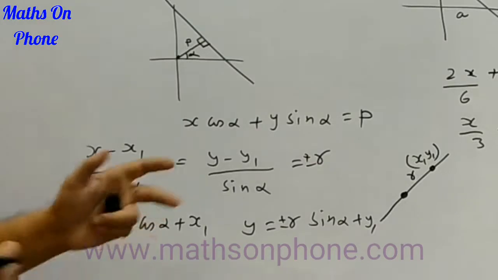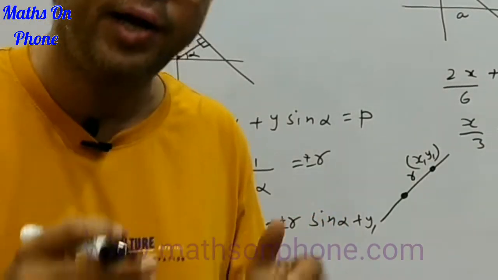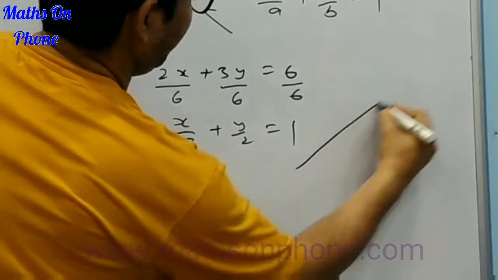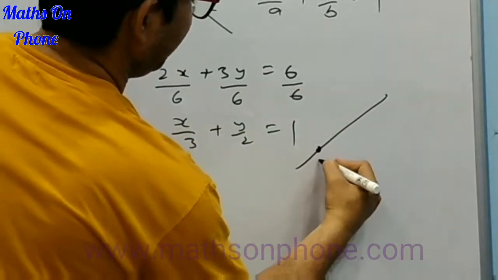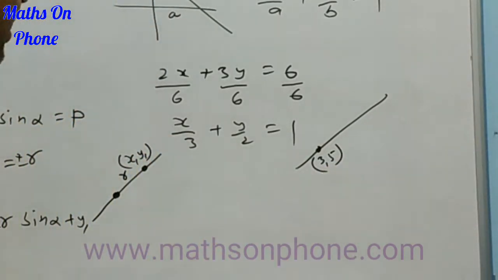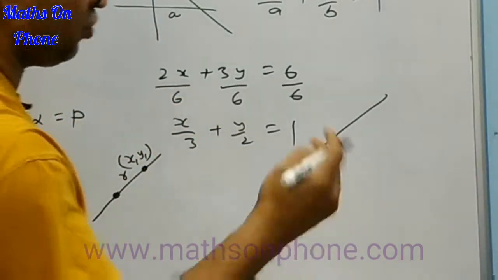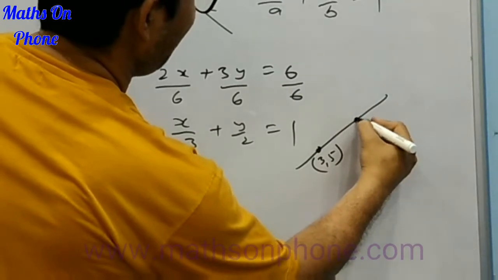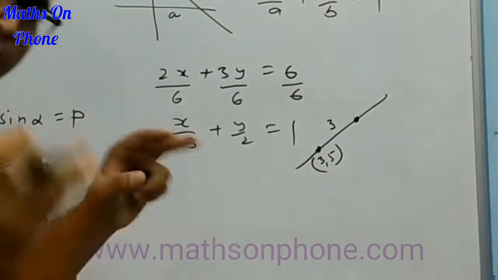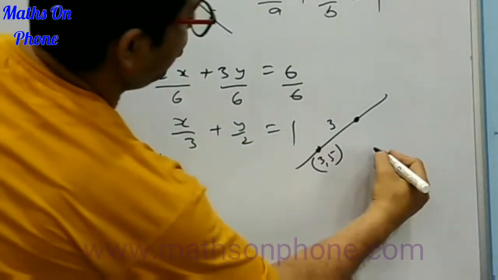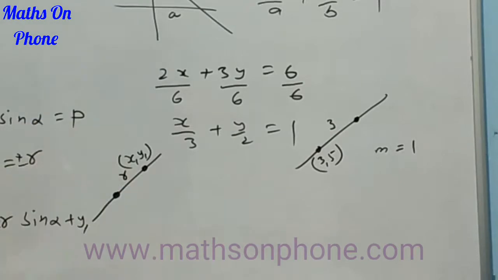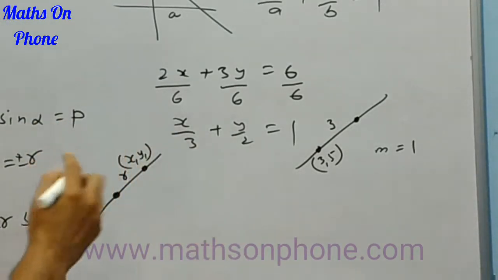Okay, so suppose we have to find a point on the line, a point is given 3, 5 and the slope of the line is tan theta is equal to 1 and we have to find a point at a distance of 3 from the given point. What is the slope? I said you slope is equal to 1. Tan theta is equal to 1, so theta is equal to 45 degree. How we will proceed?